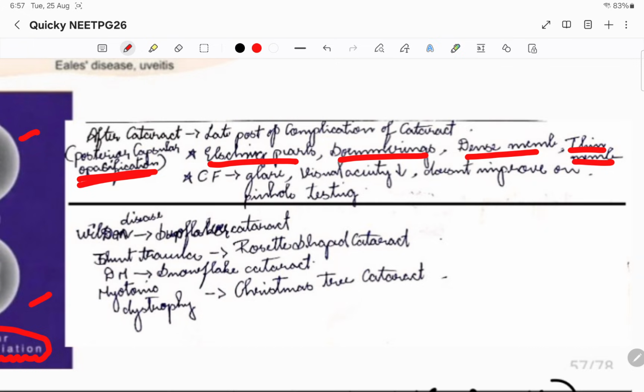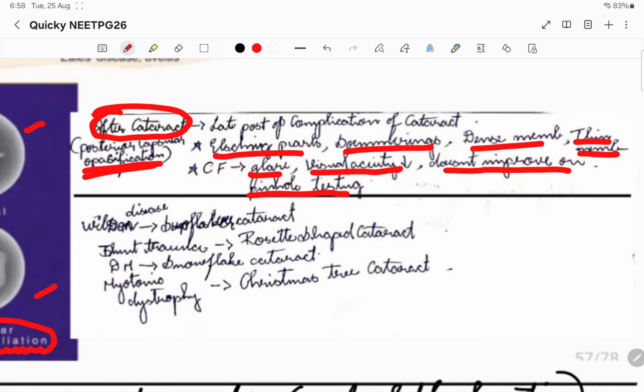This is how the opacification might happen. Clinical features will be the same as cataract: glare, and visual acuity will be reduced and doesn't improve on pinhole testing. We might think it is probably some refractive error, but even on pinhole testing it wouldn't improve. That is when we have to do the surgery again. So this is what after cataract means.